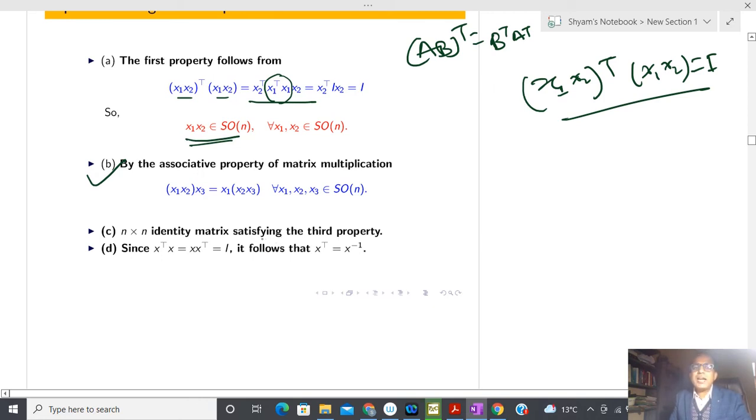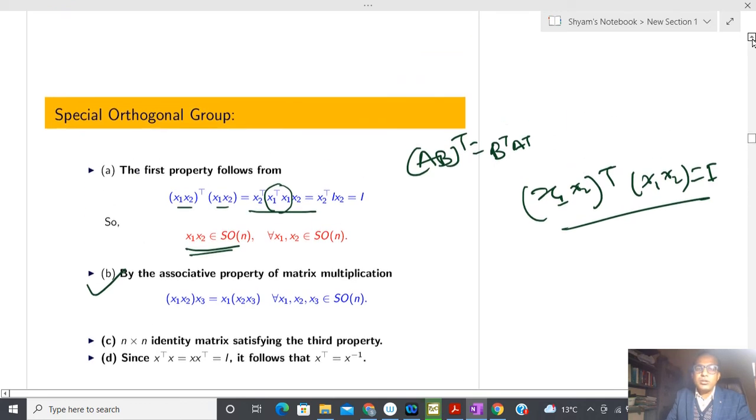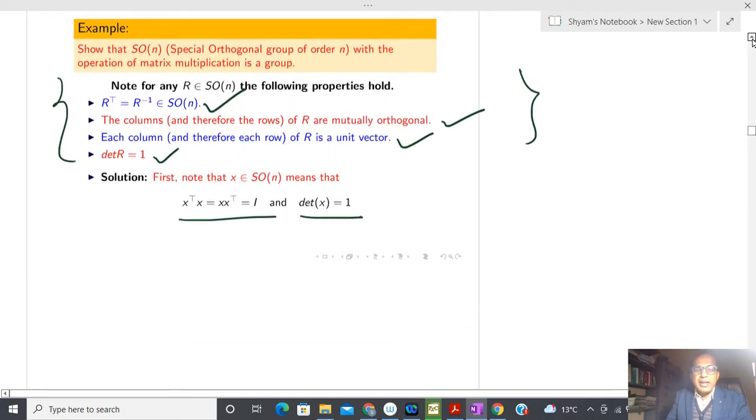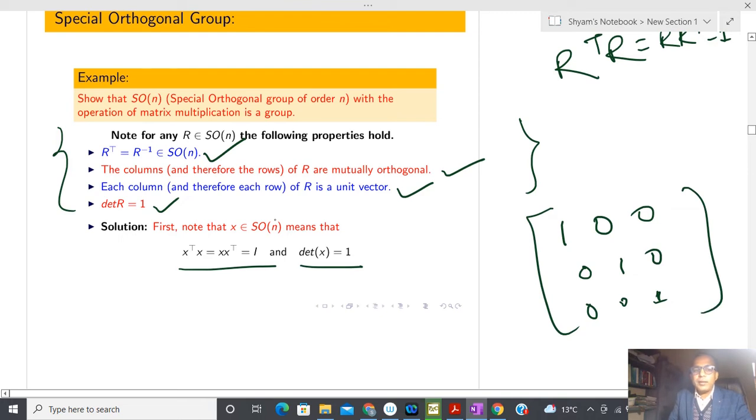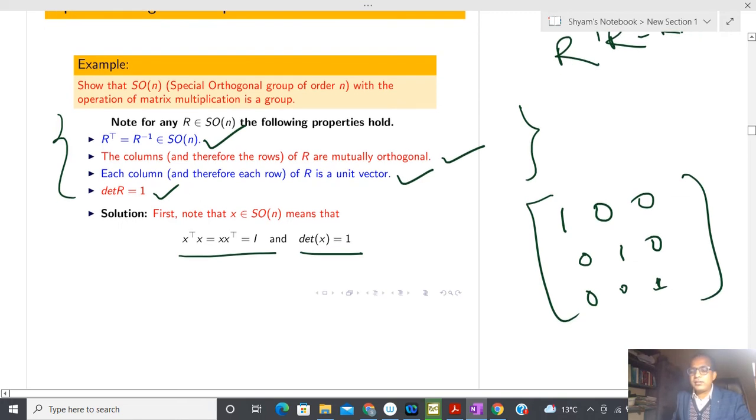So that works as the identity matrix, and it will satisfy all properties of the definition, whatever properties I have told so far, including determinant equal to 1. So please check for the identity matrix that all 3 properties are satisfied. Please do it by yourself.